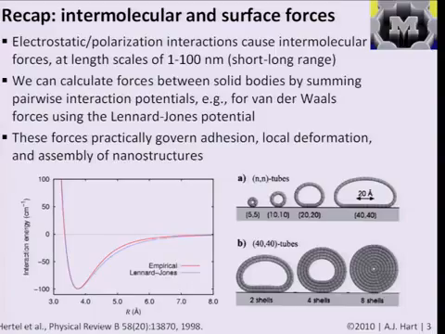We took the simple approach of calculating total energies and then taking the derivative to calculate a force between two bodies by summing these pairwise interaction potentials. So you'll remember we had the idea of one atom or one molecule sitting out in space and facing a big semi-infinite surface and feeling that surface one atom at a time.